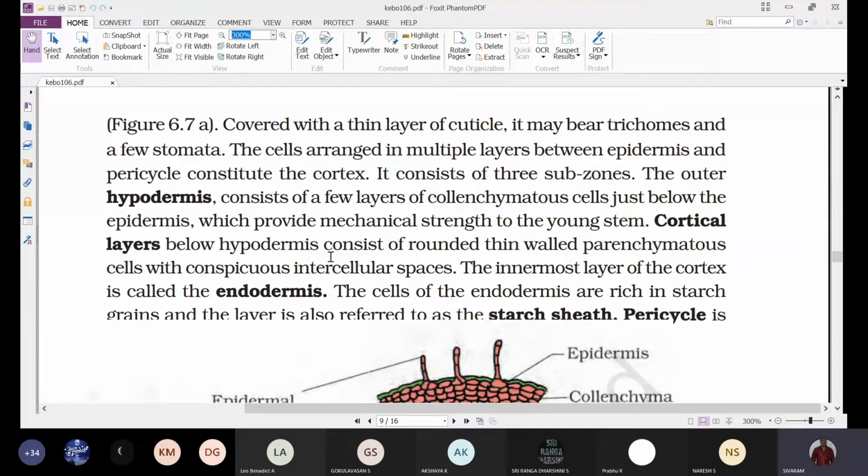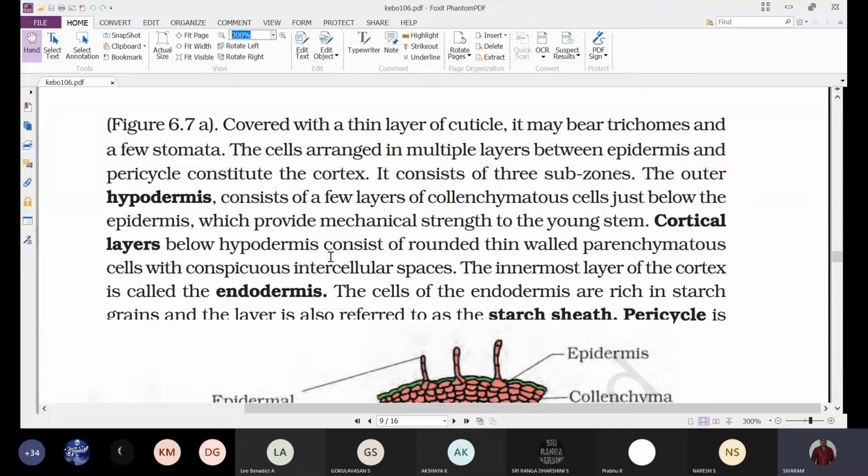While discussing the epidermal tissue system, we said very clearly that the aerial parts of the plant are covered by a protective covering on the surface exposed to the environment. It is covered by a waxy layer, that is the cuticle.